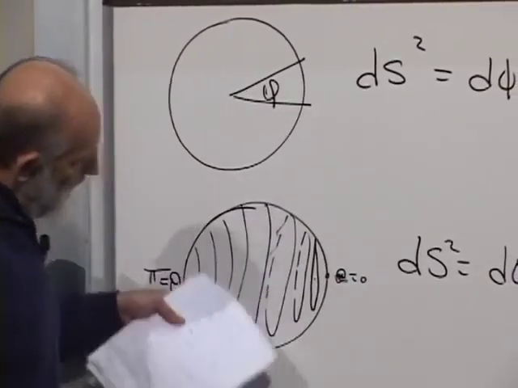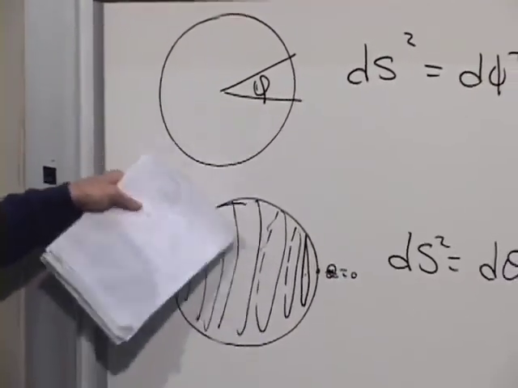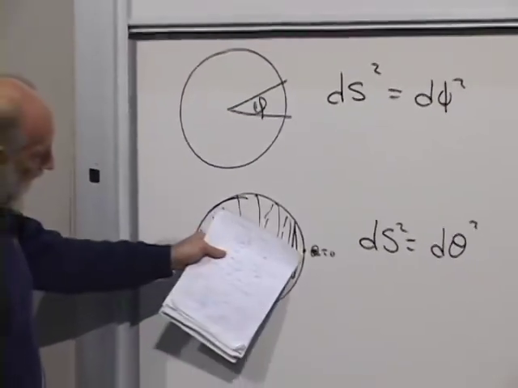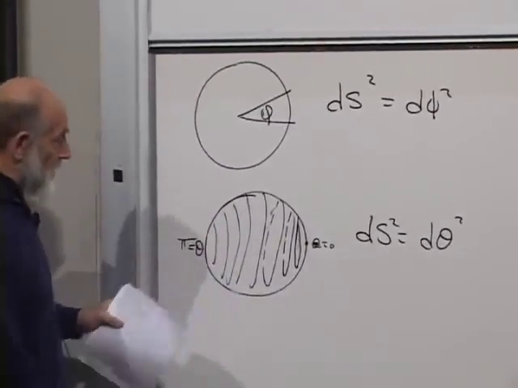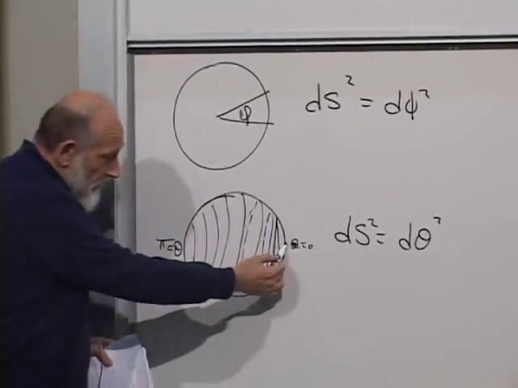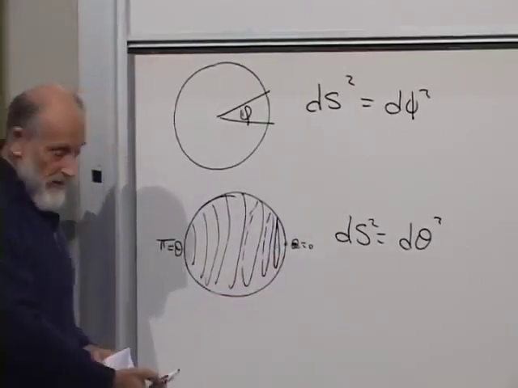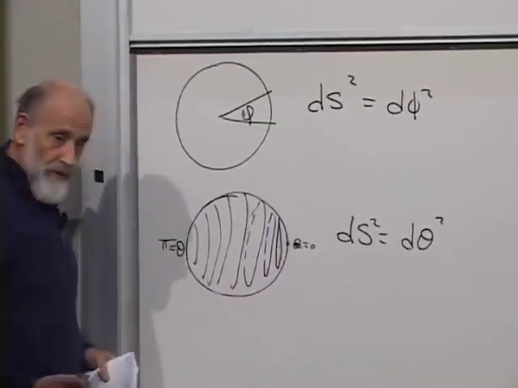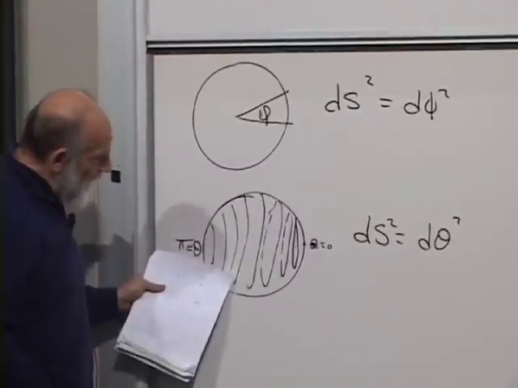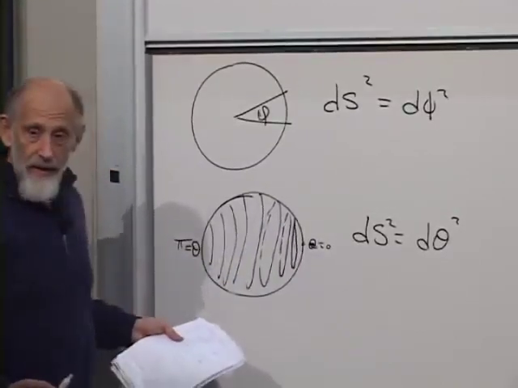So each one of these is not a unit one sphere, but the radius of the circle varies from this end where it's 0 back to this end where it's 0, but in between, what's it given by?